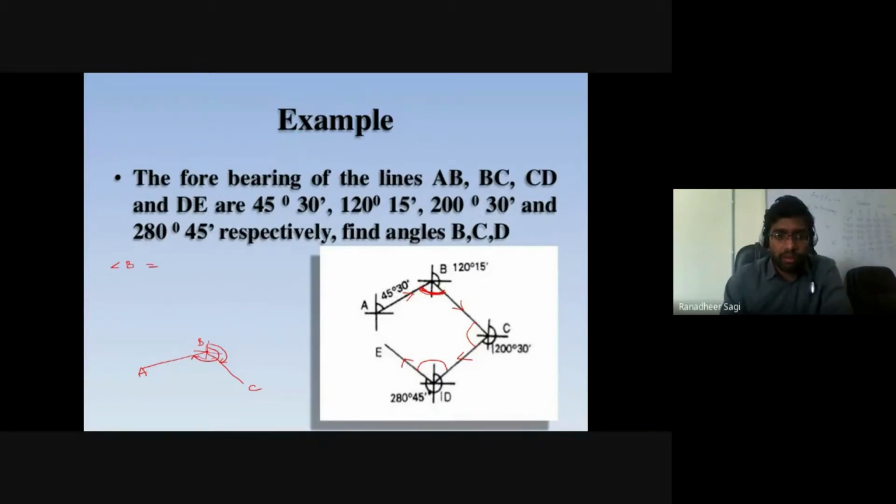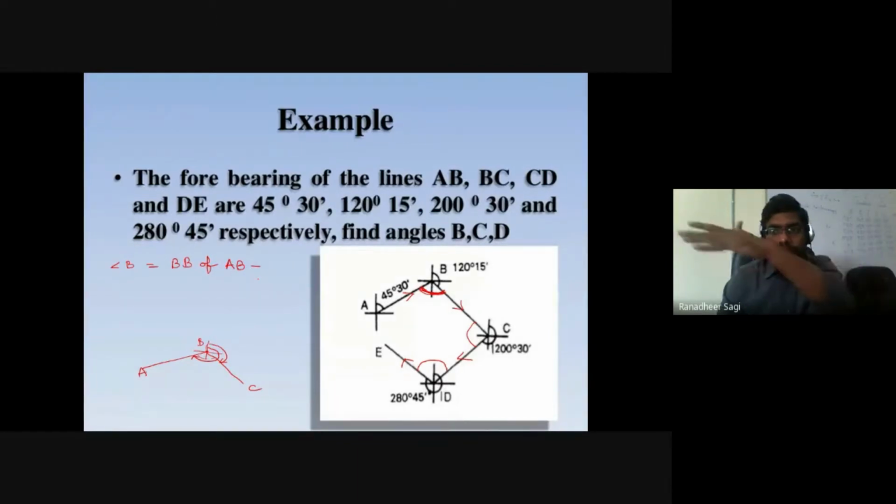When I'm talking about the angle your AB line is making at station B, AB line is in the backward direction of your traverse, in the sense it's the opposite direction to that of your traverse. So the bearing at station B with respect to line AB is what we call the back bearing of AB line, minus the bearing of your line BC.